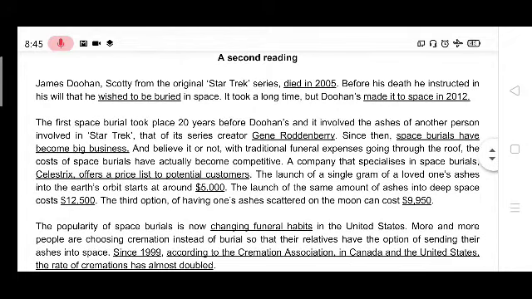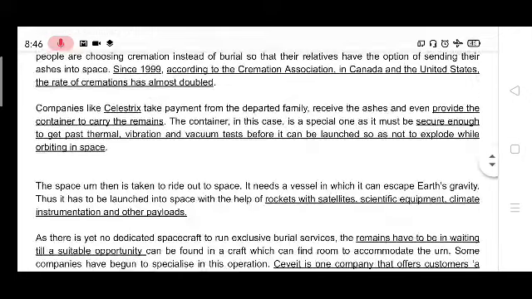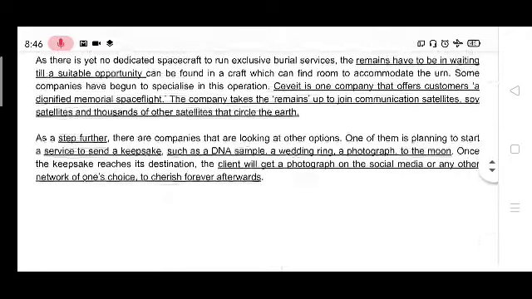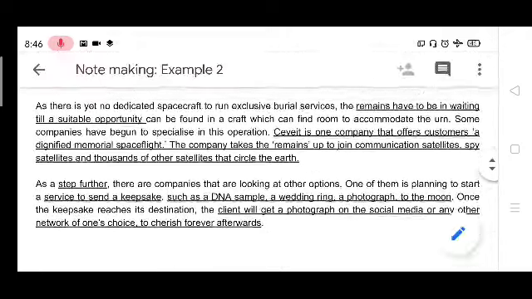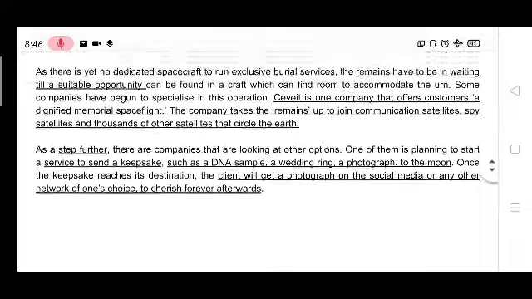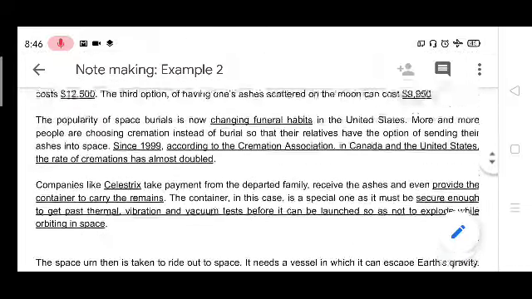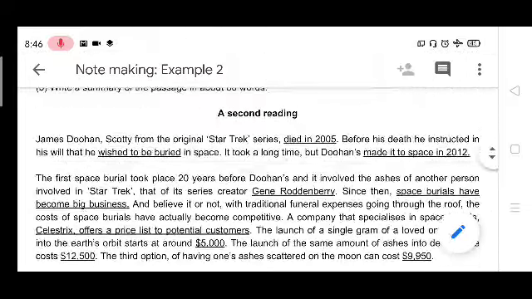While we are giving it a second reading, we will underline the important points, important clauses and important sentences which we want to include in our notes. As you can see, all the way to the end of the passage I have underlined the important sentences where the important information is for our notes.